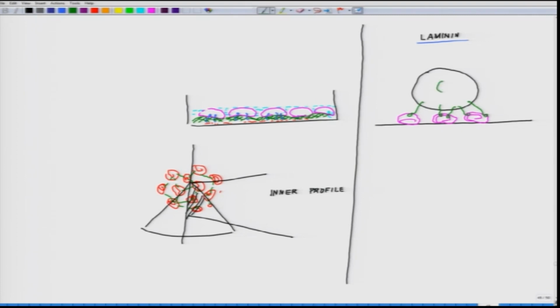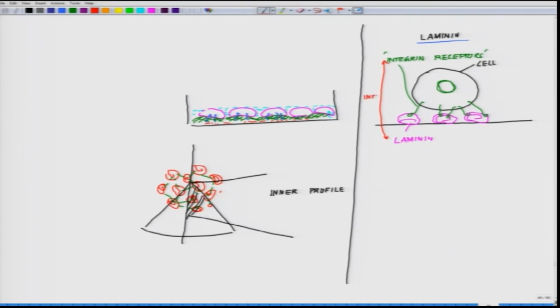Here is your cell, here you have laminin and here you have the integrin receptors present on the cell surface, and the interaction happens between integrin and laminin.